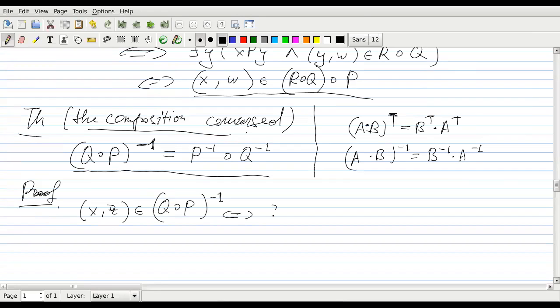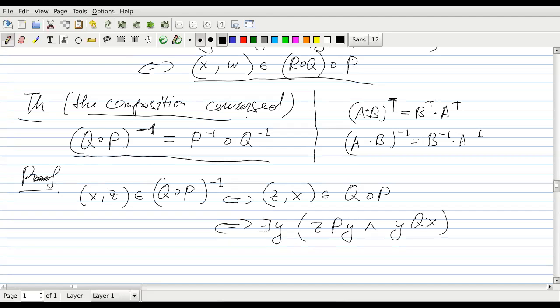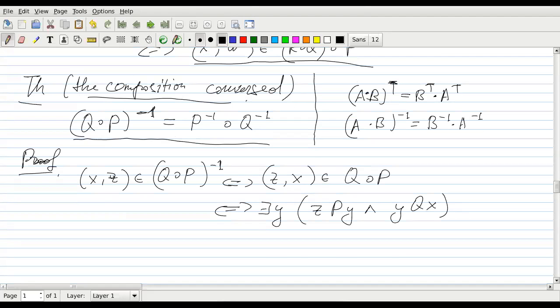That means that Z, X is an element of Q composition P. That is, there exists Y, so that Z, P, Y and Y, Q, X. We are going from Z to X. Ha!